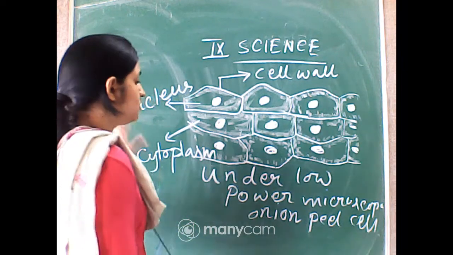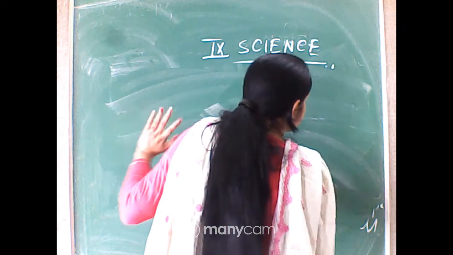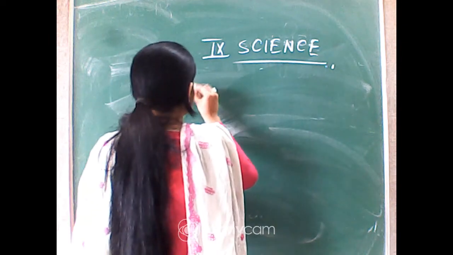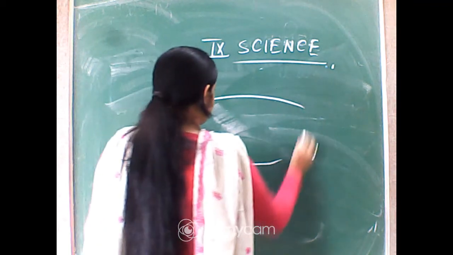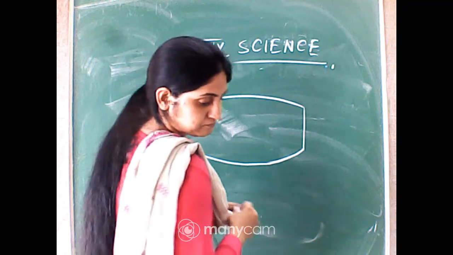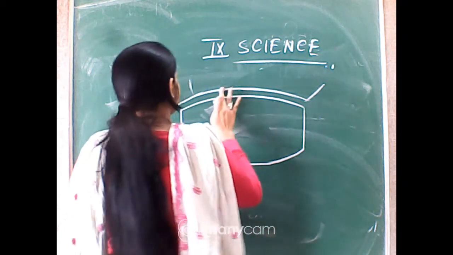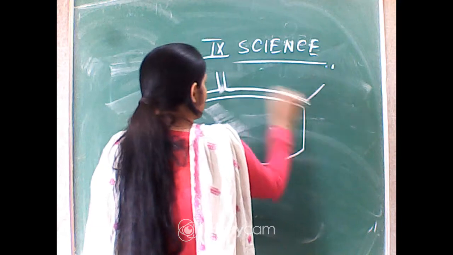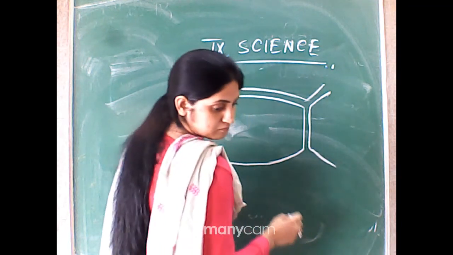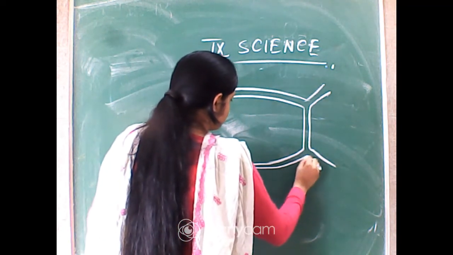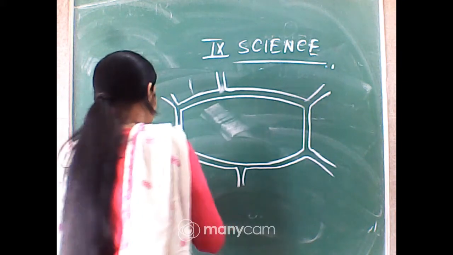So this is the simple structure. Now under the high power microscope, you can see just one cell.